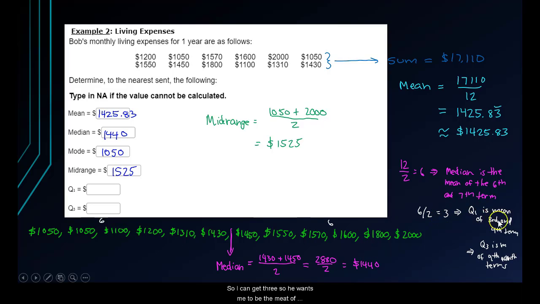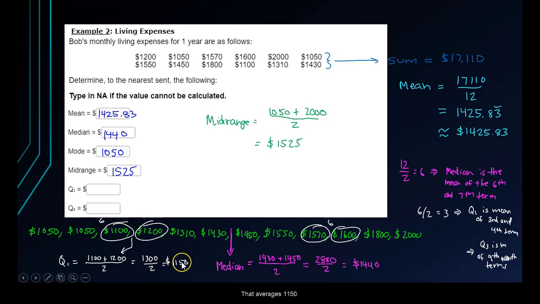So Q1 is going to be the mean of the 3rd and 4th term. Q3, they're going to have 6 here. It's going to be the 3rd and 4th term here, or basically the 9th and 10th terms here. So I'm going to average these 2 to get Q1. I'm going to average these 2 to get Q3. That average is 1,150. This average is $1,585.